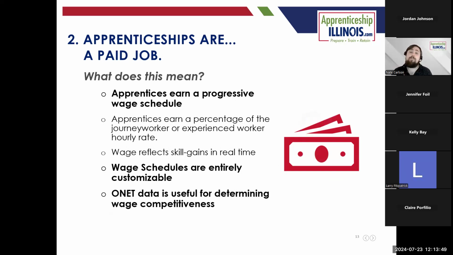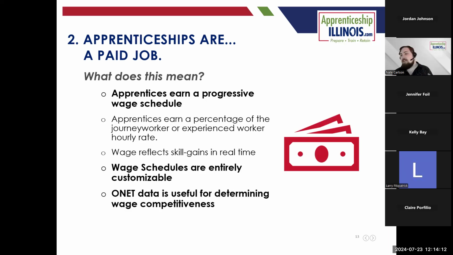The second year of their program, after they've gained some skills, maybe they get bumped up to $20 an hour, and so on and so forth. And so what this allows for us to do, and again, this is completely customizable, is for their wage to reflect their skill gains in real time. And think about that for a moment, because most of us, when we go through our careers, we don't necessarily know when the next wage increase is coming, right?